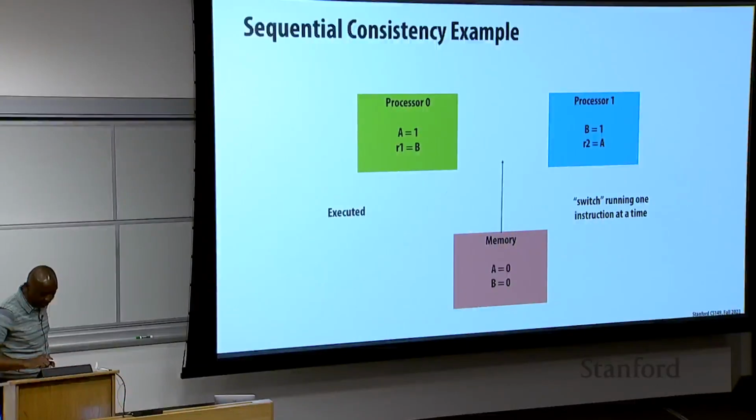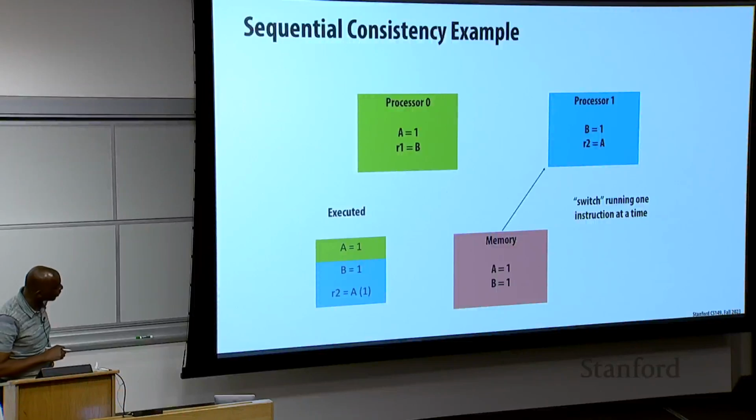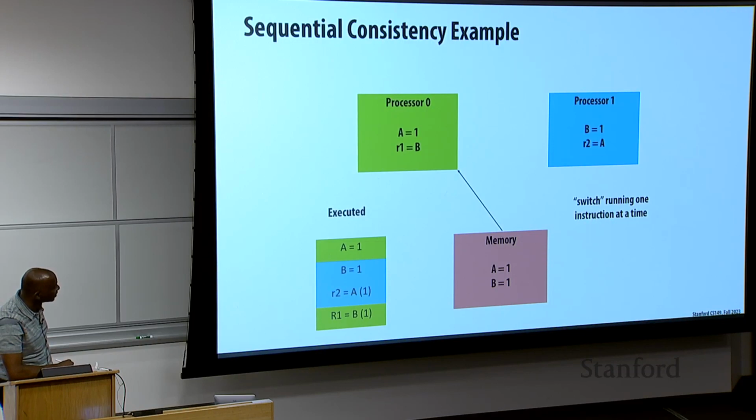So here's the picture. We've got A equals 1, R1 equals B on processor 0, and B equals 1, R2 equals A on processor 1. We start by executing an operation from processor 0, followed by an operation from processor 1, followed by another operation from processor 1, and then finally an operation from processor 0.